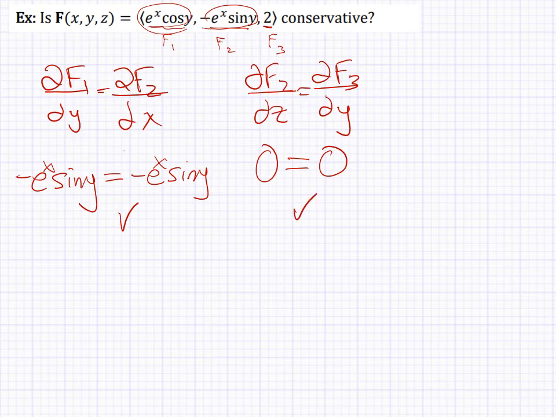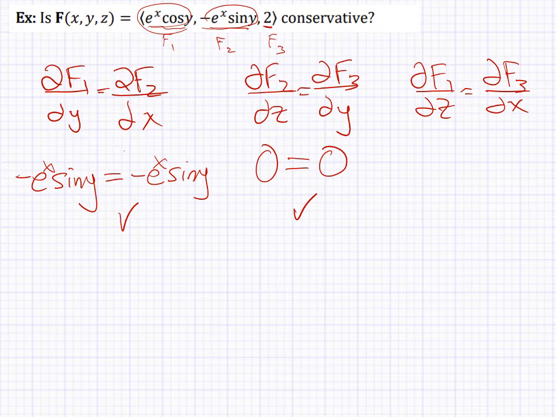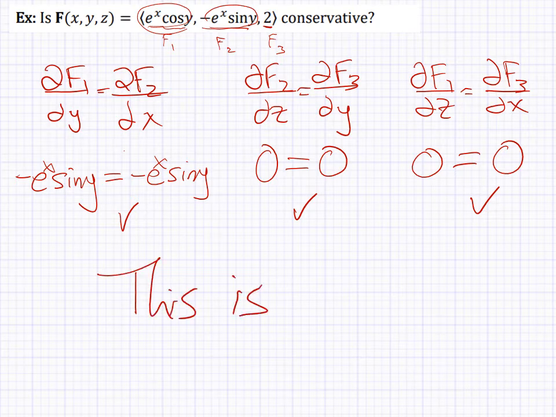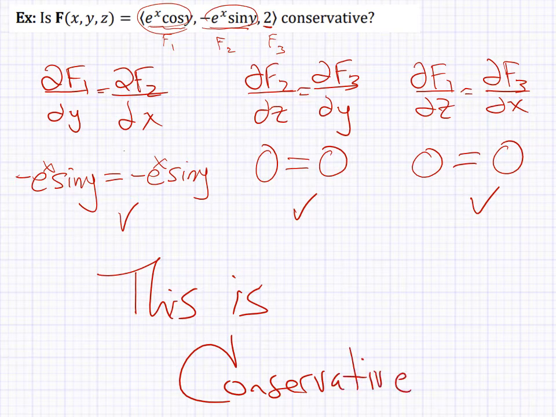All right, and finally, partial of F1 with respect to z has to equal the partial of F3 with respect to x. Well, there's no z's in F1, so that's a constant, and therefore 0. And there's no x's in F3, so that's a constant, and that's 0. So that holds. So is this conservative? Yeah. This is conservative.